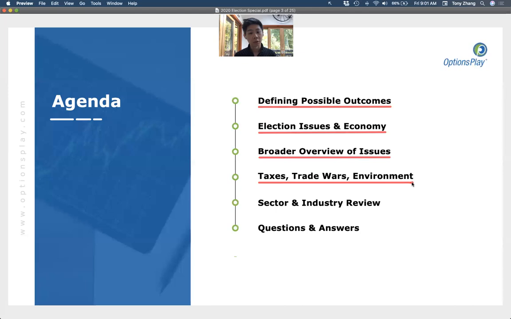And then we'll do a comprehensive review of the different sectors and industries where we see the largest disparity between the possible outcomes of the election, and what our views are for each one, where we see some opportunities in terms of both positives and negatives. And at the end, we'll open this up for Q&A.